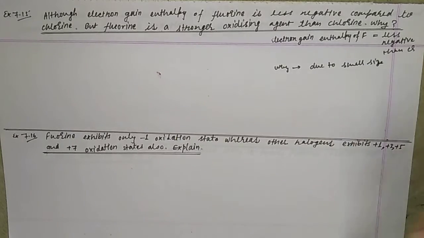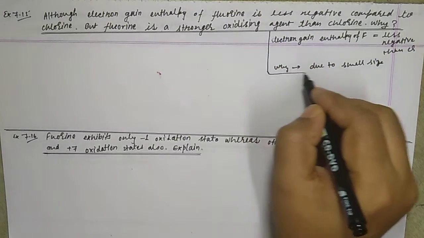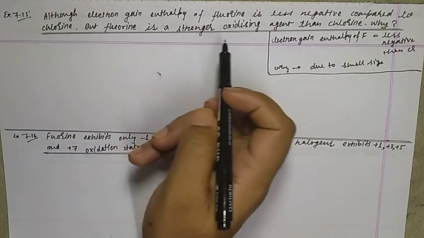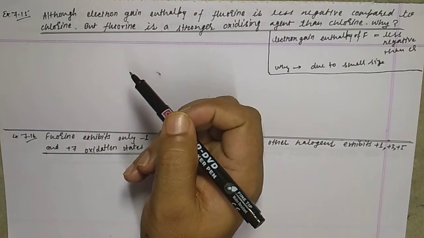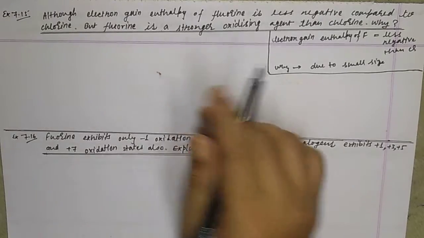Now, another thing we need to understand is that they are saying fluorine is a stronger oxidizing agent than chlorine.